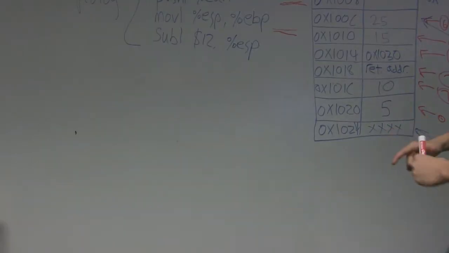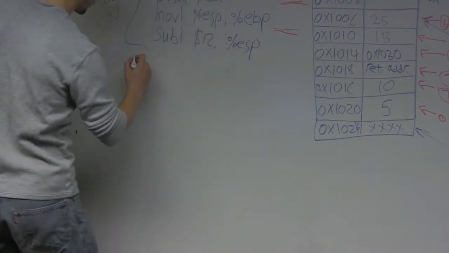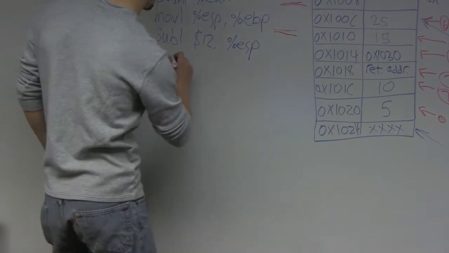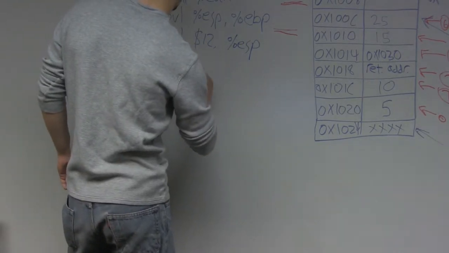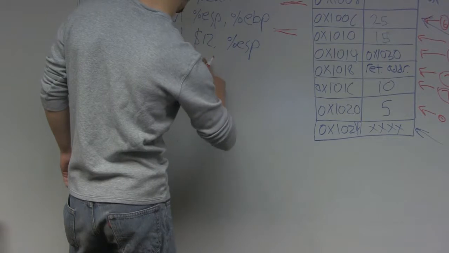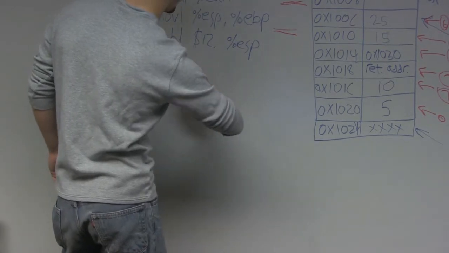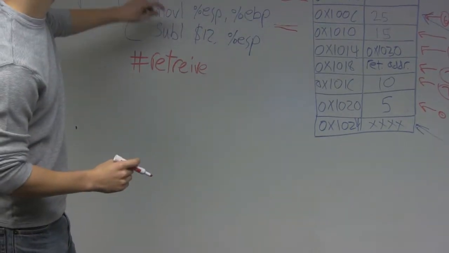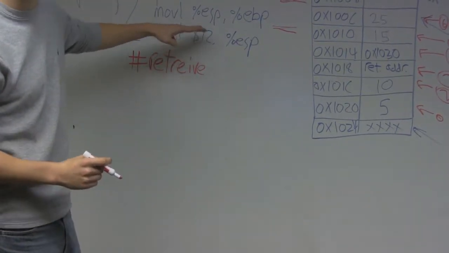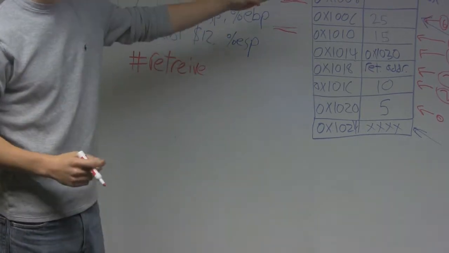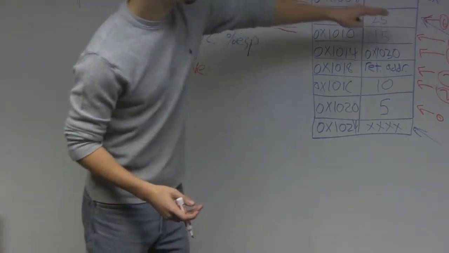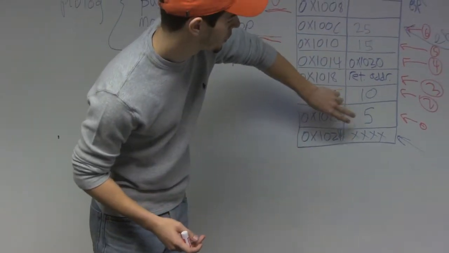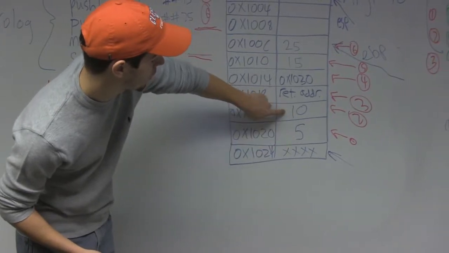Now we're ready to retrieve our arguments. Since I mentioned that retrieving the arguments is based on two things, the prologue and how many variables are passed in, hopefully you can see how the number of registers as well as the number of local variables that you allocate space for on the stack can influence where your base pointer and your stack pointer are pointing to in relation to your R2 and your R1.